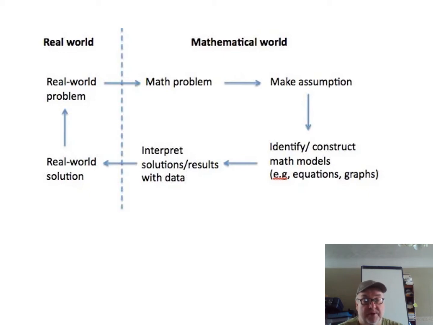And the process is going round in a loop, so from the real world solution you look back to the real world problem, and then if you don't think it fits properly you go around again in the cycle. You go on to the mathematical problem again and make another assumption or modify assumptions you've got, and then carry on to work out more mathematics. So the whole process is a big loop.